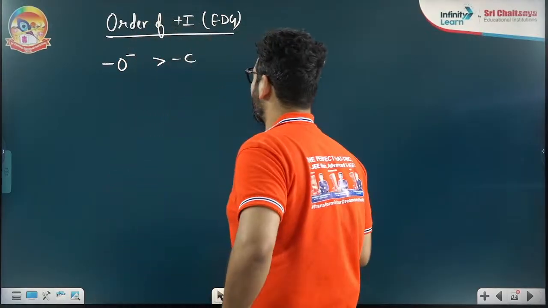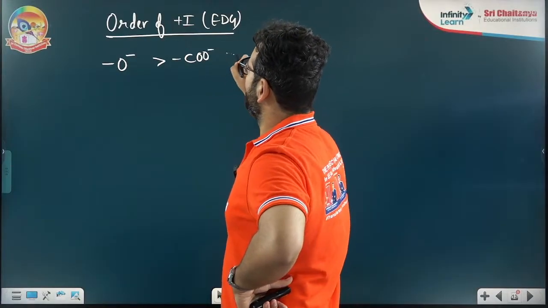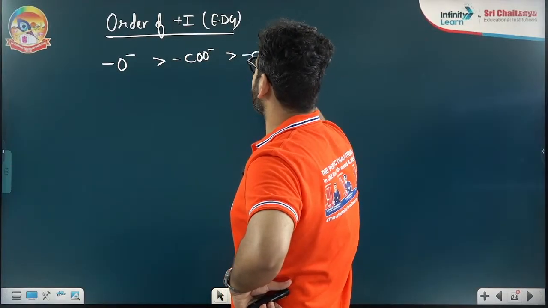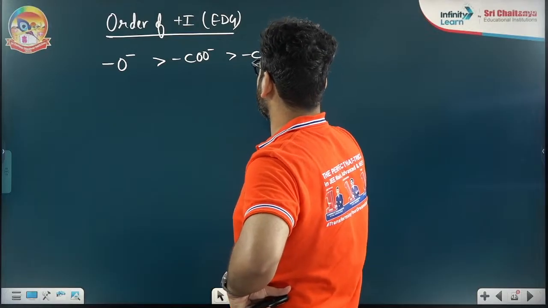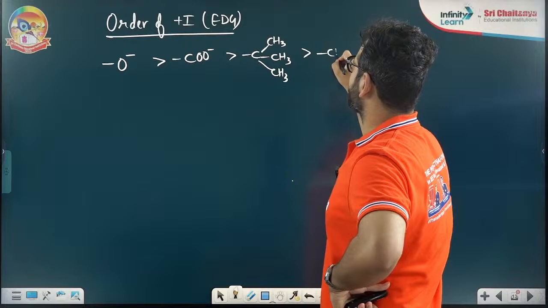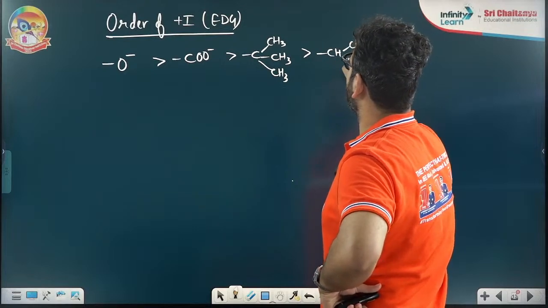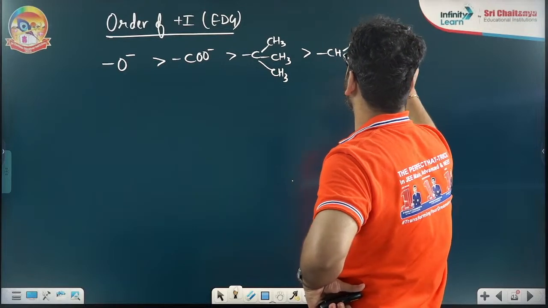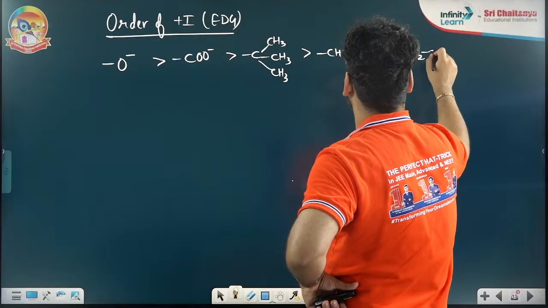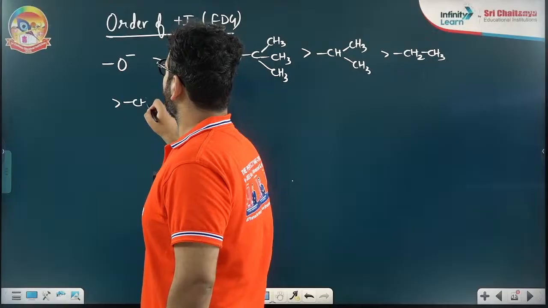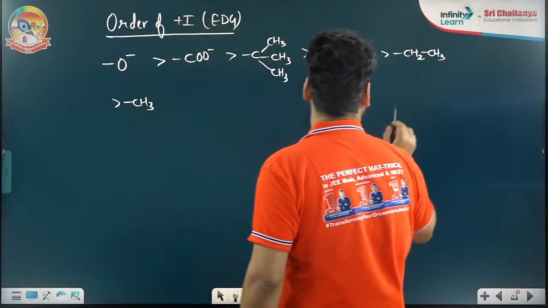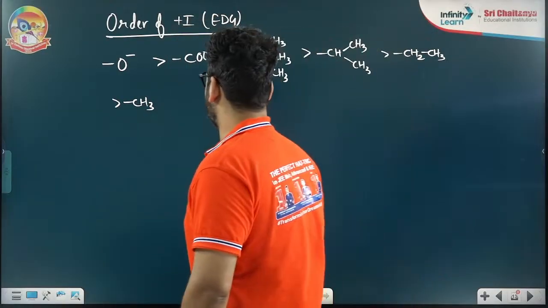Apart from this, only alkyl chains: tertiary alkyl group, which is tertiary butyl, then secondary alkyl group, which is isopropyl, then primary alkyl group, which is ethyl, and then just normal methyl. These are the only examples required for plus I.